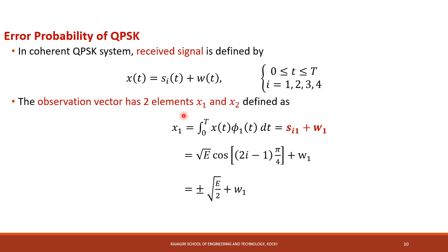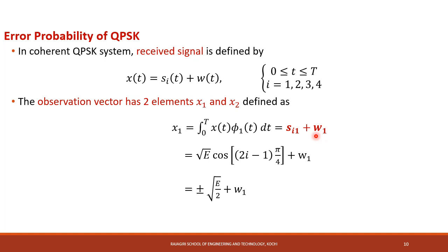So the observation vector has two elements, x1 and x2, and you can define x1 as the projection of the received signal on the first basis function. So x1 is equal to the integral from 0 to T of x(t) phi1(t) dt. This can also be written in terms of the transmitted signal as si1 plus w1, where si1 is the projection of the ith signal on the first basis function and w1 is your noise component.